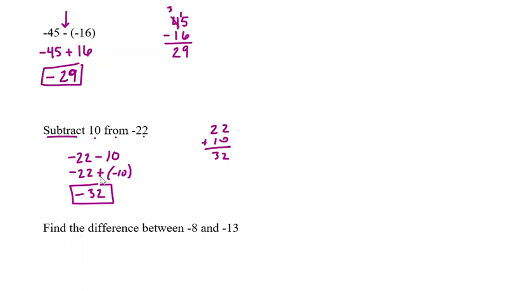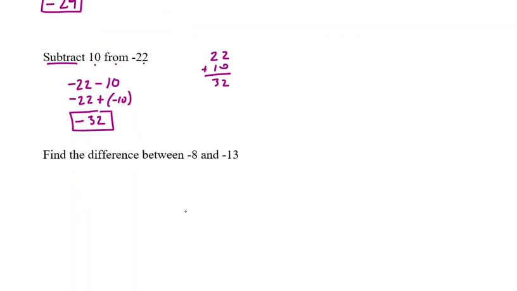All right, let's do it again with some more words. Notice the difference here. Find the difference between negative 8 and 13. Let's think of an easier problem. What if I said, what's the difference between 5 and 3?